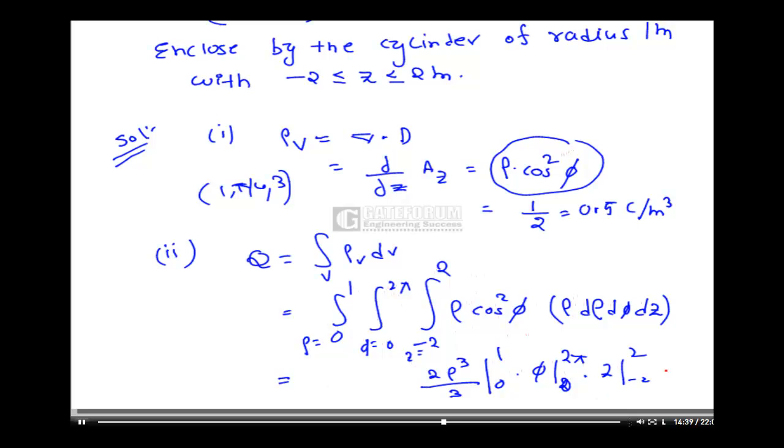If you simplify this, you will get 4 pi by 3 as the answer. 4 pi by 3 coulombs.